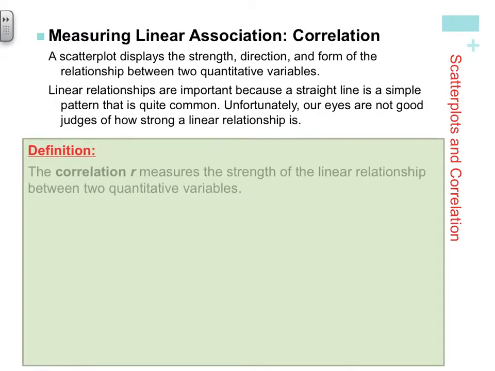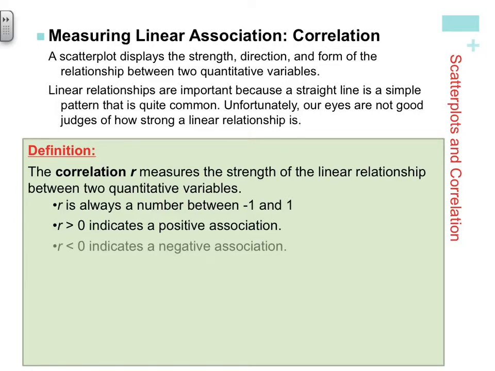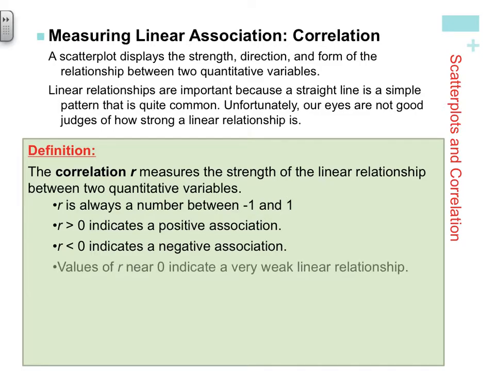So, in order to help us, we have our correlation. Our correlation R measures the strength of the linear relationship between two quantitative variables. R is just a number. It's always going to be between -1 and 1. When R is greater than 0, it indicates a positive association. Less than 0, it's going to tell us that there is a negative association in our scatterplot.